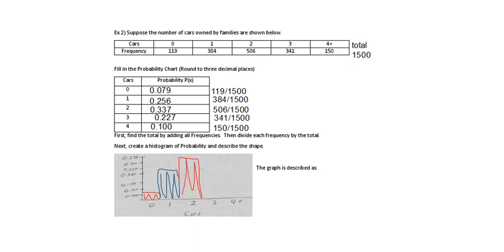Then 0.227, which is between 0.200 and 0.250. And finally, 0.100, which we have exactly. And if I had to describe this, I would call this a bell-shaped graph because it kind of looks like a bell.